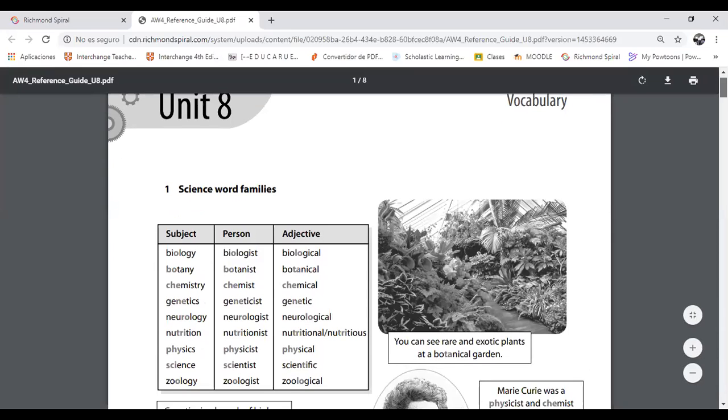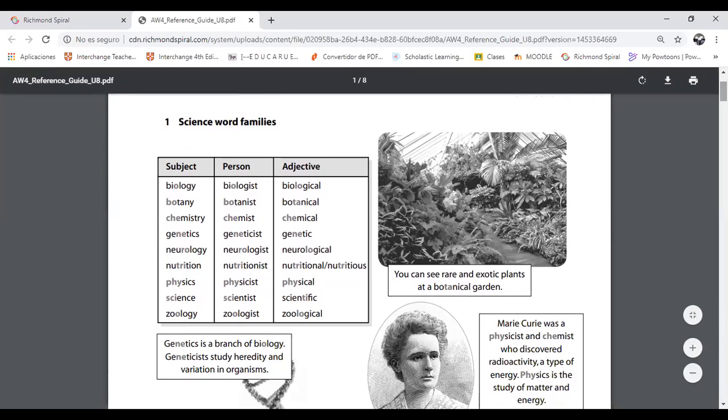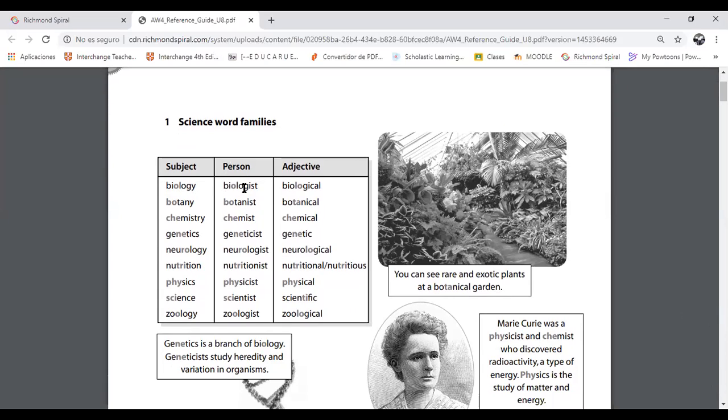And it says science word family. I want you to take a look at this table right here and try to remember the information because we are going to be using it for your student's book. Over here is the subject.